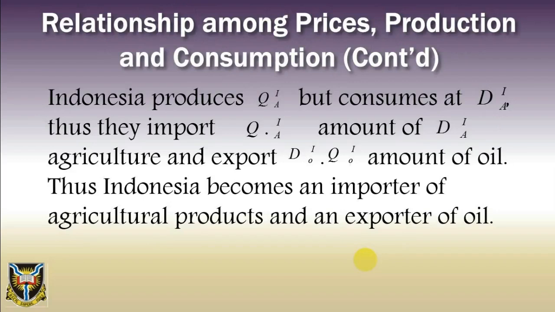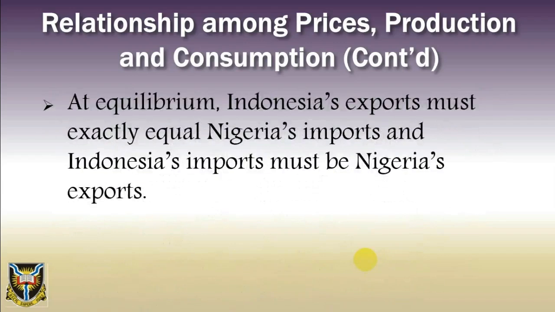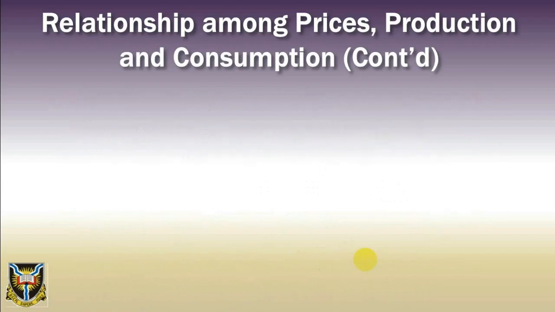Thus, Indonesia becomes an importer of agricultural products and an exporter of oil. The opposite is the case in Nigeria, where Nigeria becomes an importer of oil and an exporter of agriculture. At equilibrium, Indonesia's exports must exactly equal Nigeria's imports, and Indonesia's imports must be Nigeria's exports.